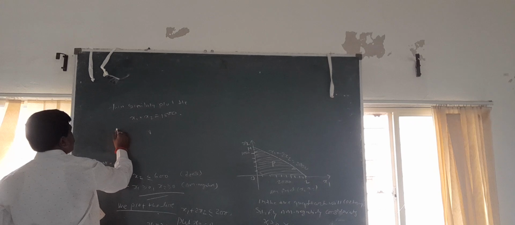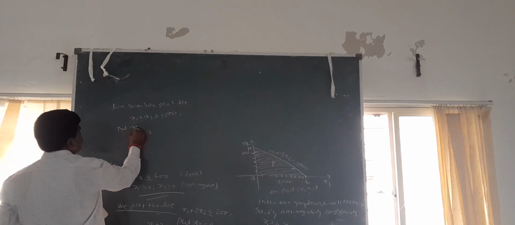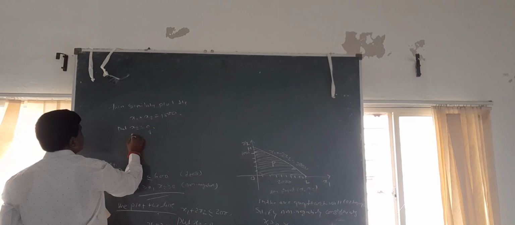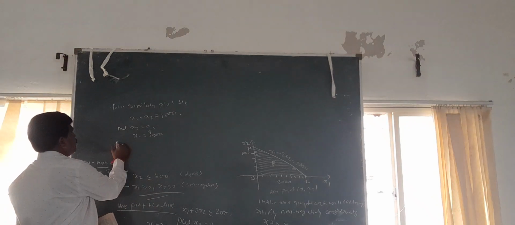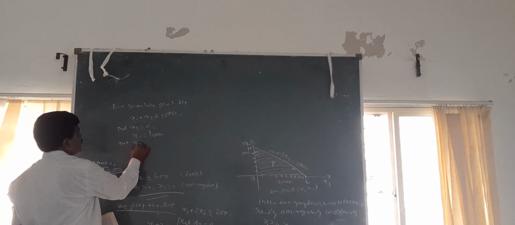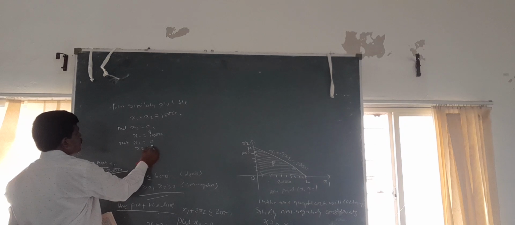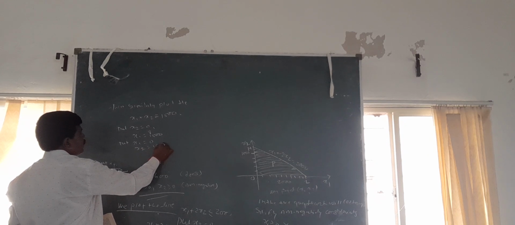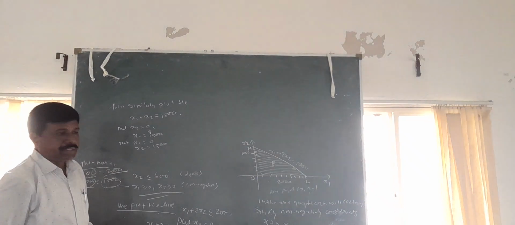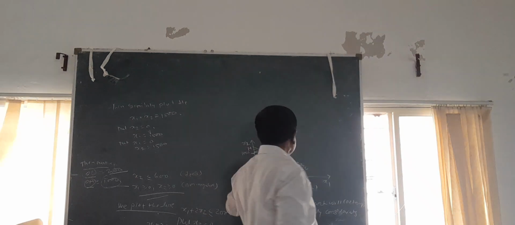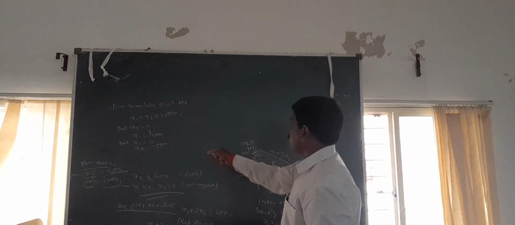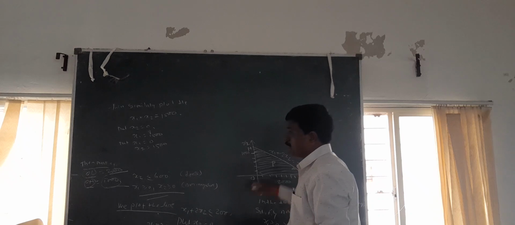Put x2 equal to 0, then x1 equal to 1500, and again put x1 equal to 0, we get x2 equal to 1500, and plot this line by putting these points on it.